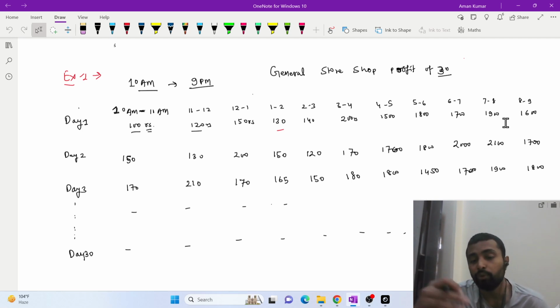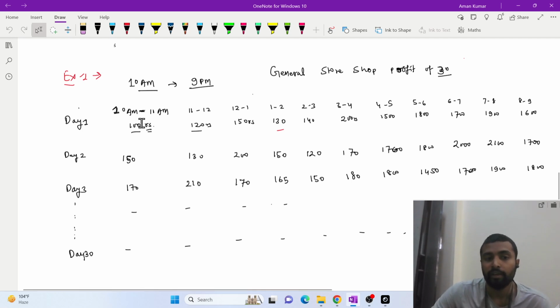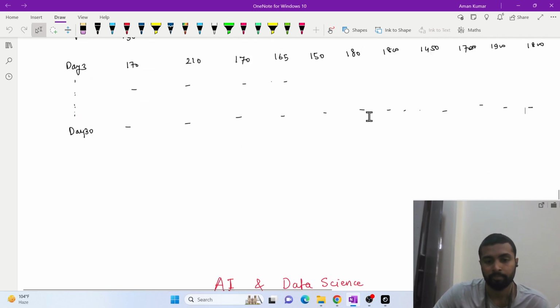What you will do is close this shop from 10 a.m. to 4 p.m. and in this time open the juice shop, and after 4 p.m. you will close the juice shop and open this general store.